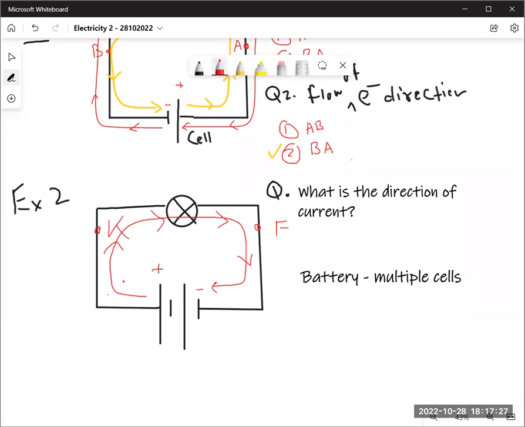F to K or K to F? K to F, because it's going like this, not in the opposite direction. So the correct answer should be K to F.